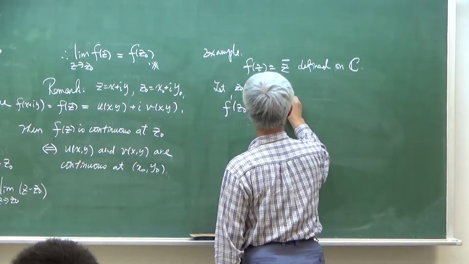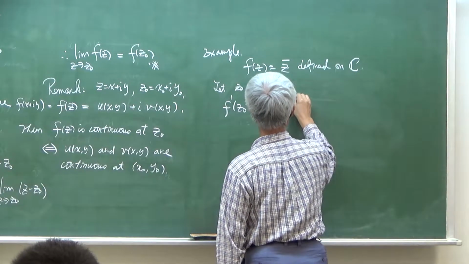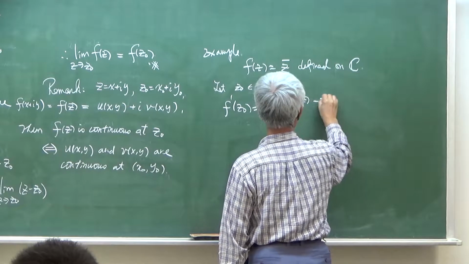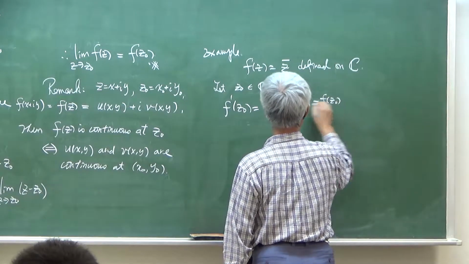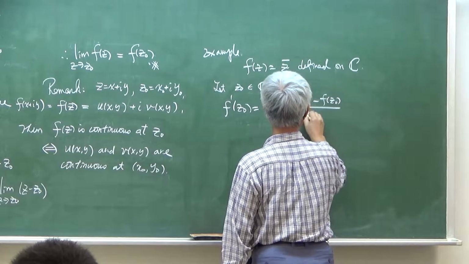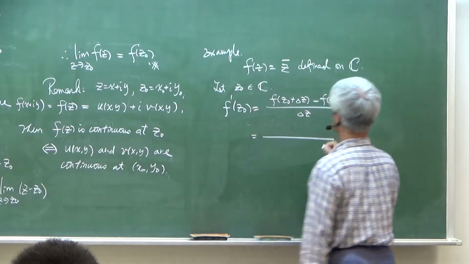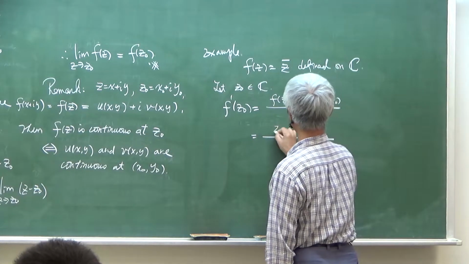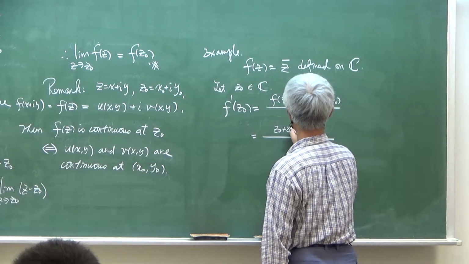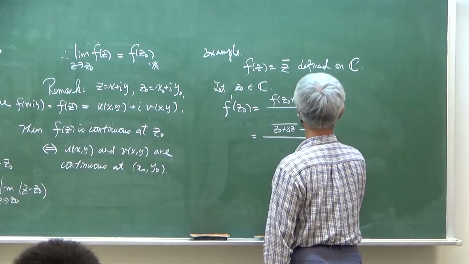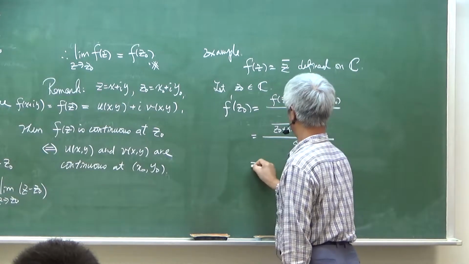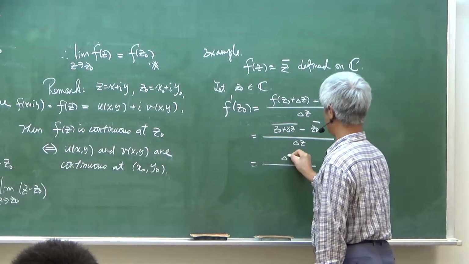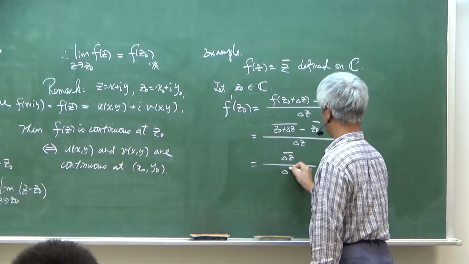So we have f(z0 plus delta z) minus f(z0). We have z bar here, and so this is z0 plus delta z bar minus z0 bar, and so this is delta z bar.